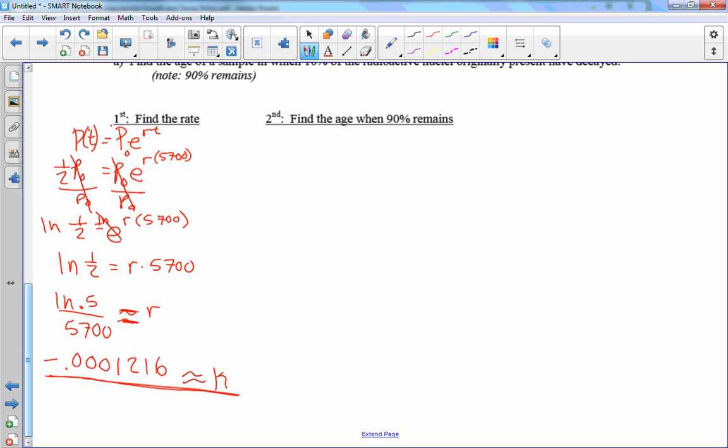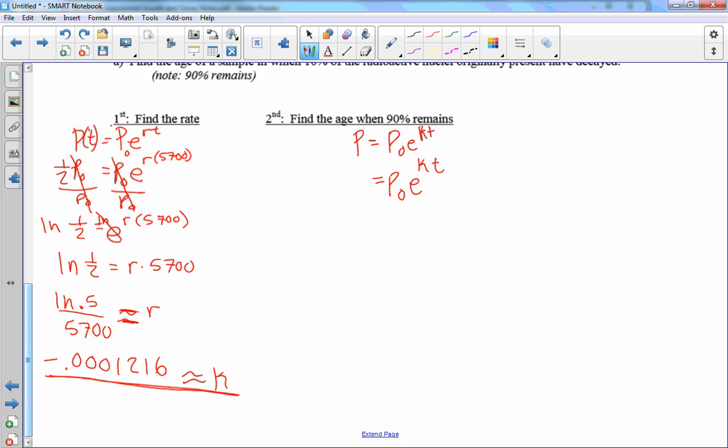Alright, again, you always start with the general form, P equals P naught e to the RT, whatever. The initial is P naught still. The time is what we're looking for. We now know the rate, K, is that decimal down there.